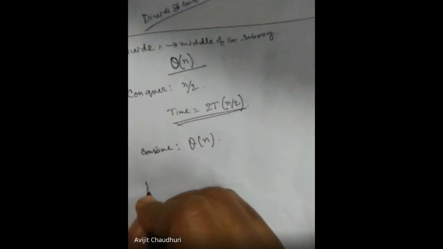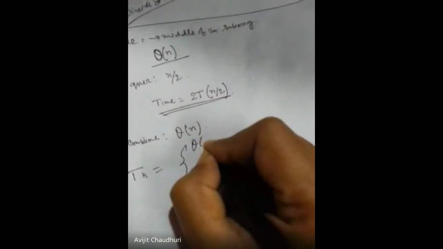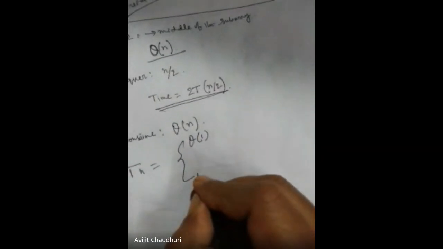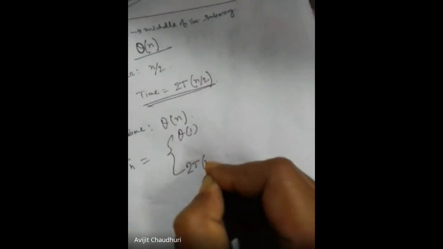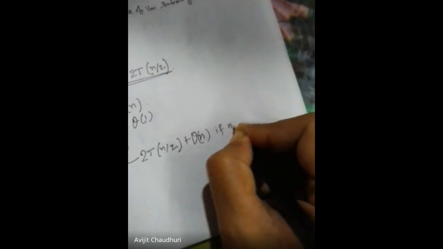So the total time requirement T(n) will be either one element or n number of elements: 2T(n by 2) plus theta n if n is greater than 1, and theta 1 if n is equal to 1.